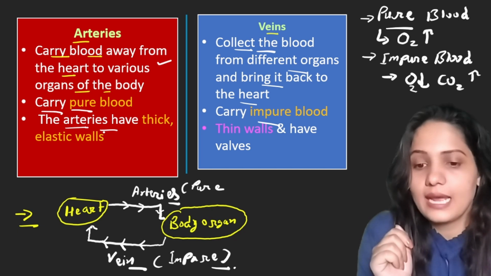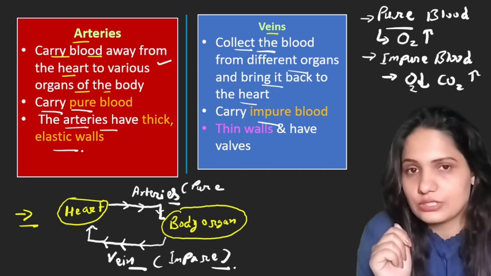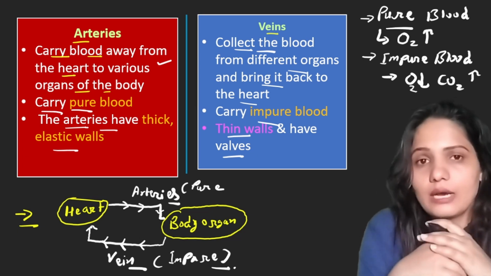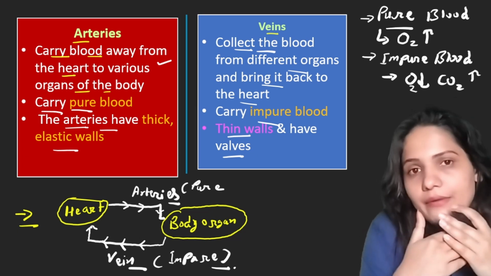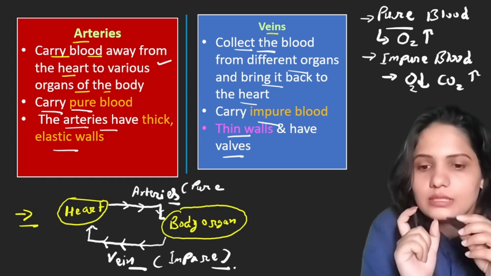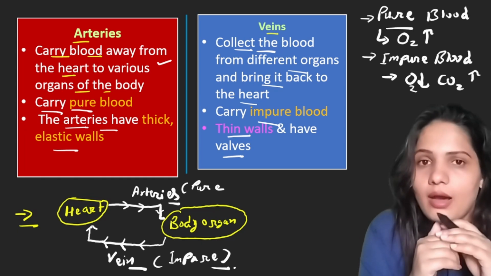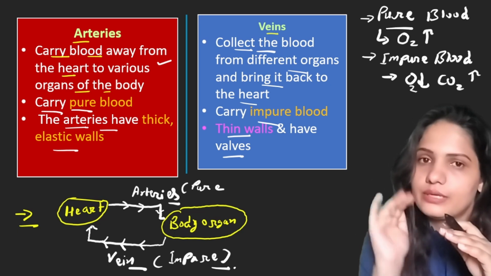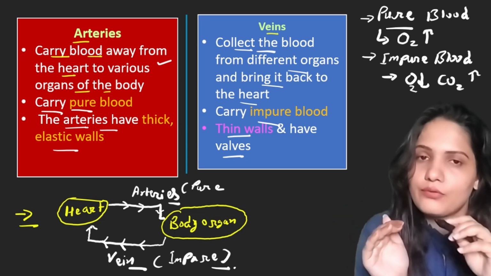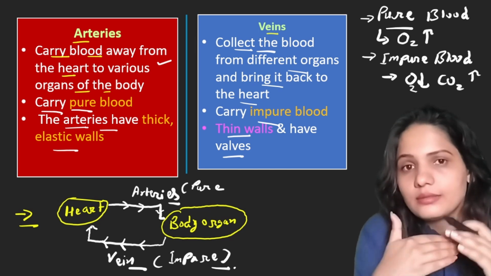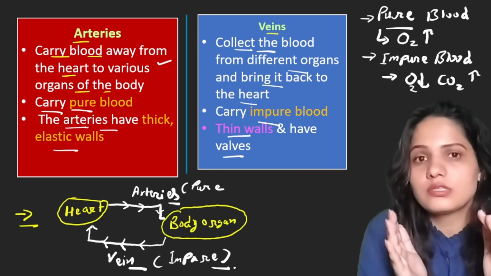Here we have that arteries have thick and elastic walls, and veins have thin walls. Why the difference between the width of these walls? In arteries we have higher blood pressure compared to veins. As they are carrying blood from the heart, the blood flows at high pressure in arteries, so the arteries have thick walls to protect them from rupturing.